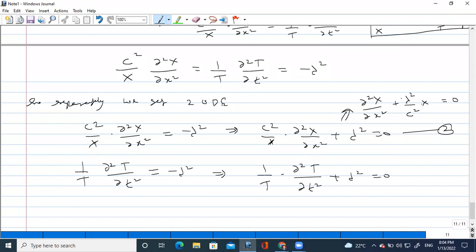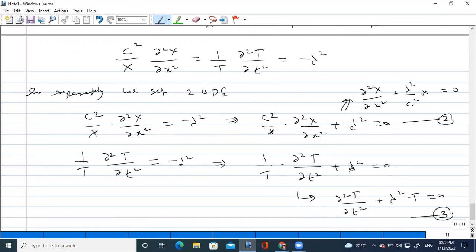This is a homogeneous second order differential equation, and from here I can get del 2T by del t square plus lambda square into t equal to 0. So this is my equation number 3.